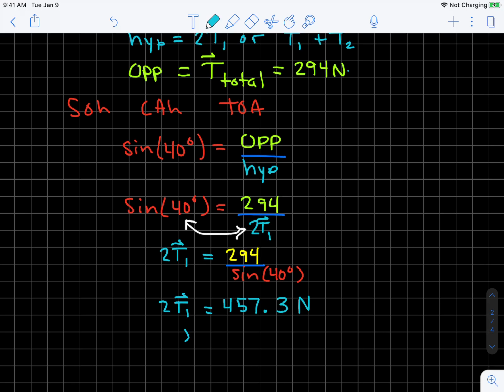I'm going to divide both sides by 2, and I get approximately 228.69 newtons. So one of your tensions is 228.69 and the other one is also 228.69.